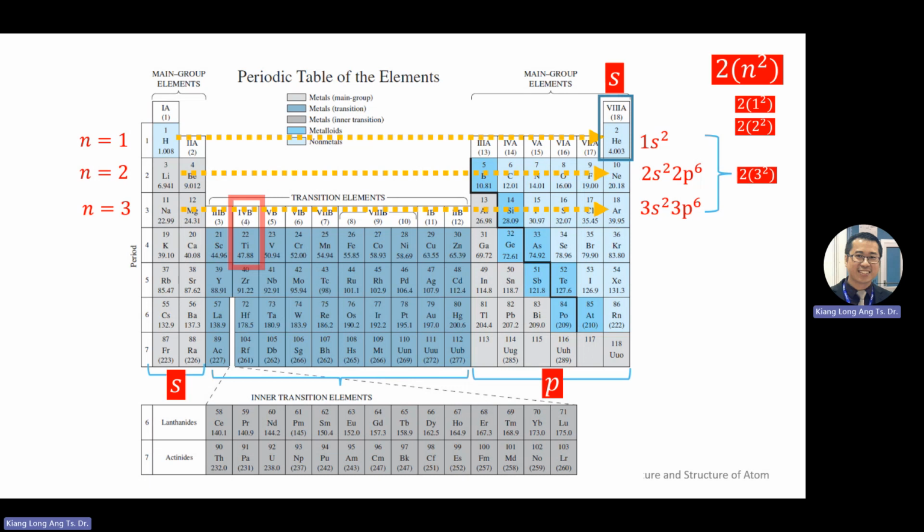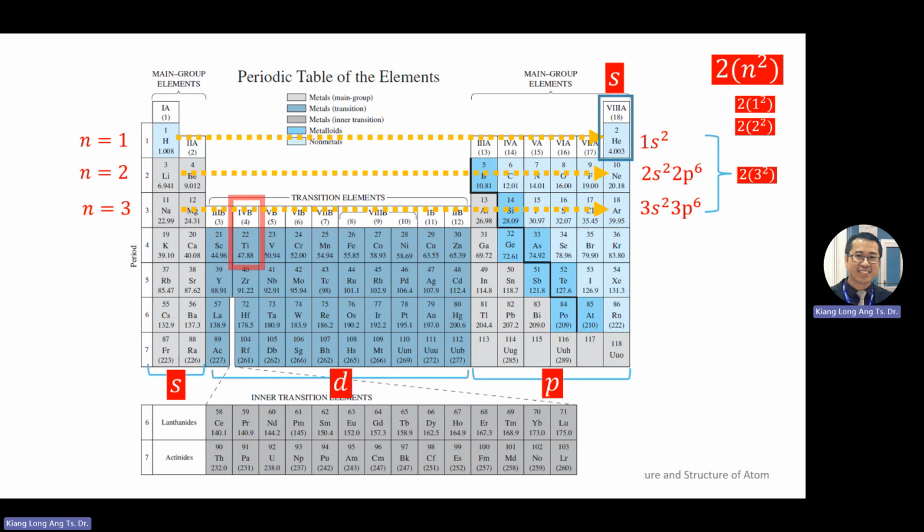Just mark on the periodic table. Every time you see this kind of question, you go to your periodic table, mark this row is s. Then go to the bottom of the graph, label, highlight these two is s. Highlight this gray color is p. Label here, this dark color is d.